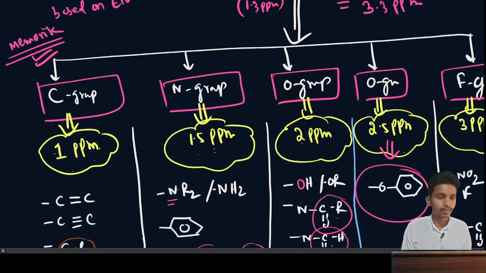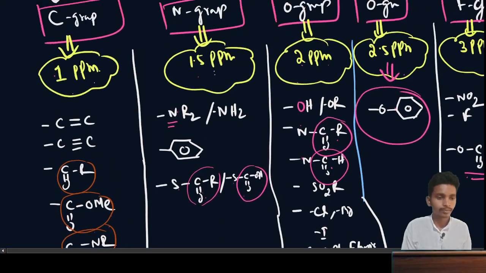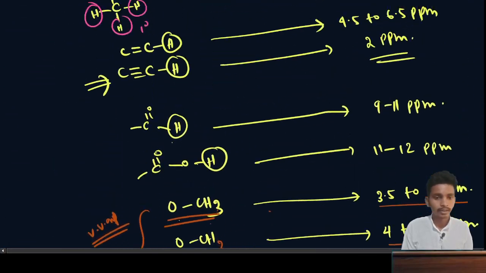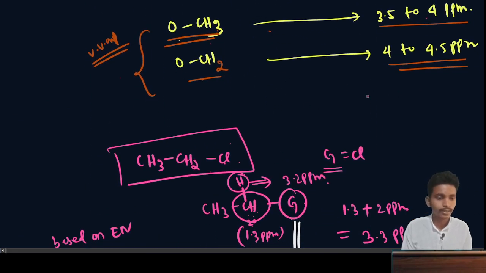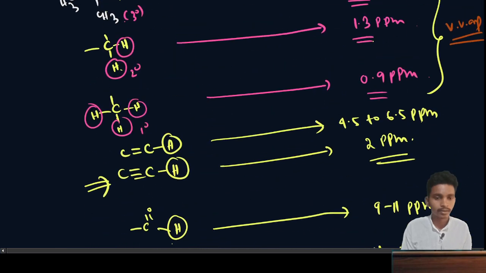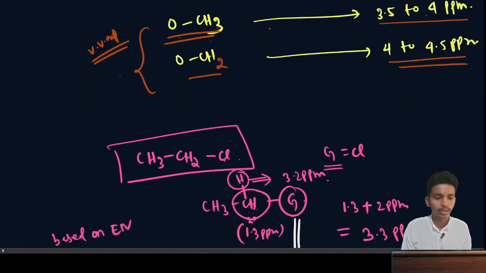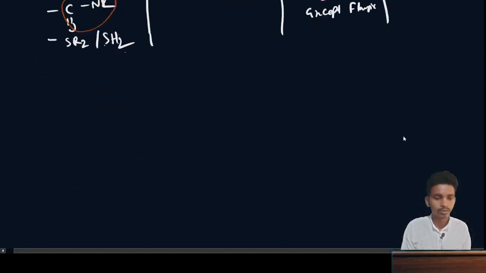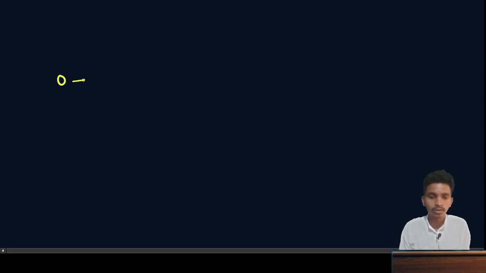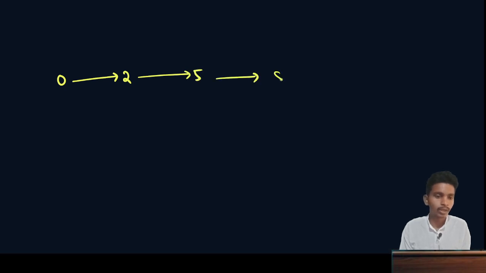Okay, and for this there is some trick to memorize these values. An alternate way is this: first is 0 to 2, 2 to 5, 5 to 8.5, then 10, then we have 12.